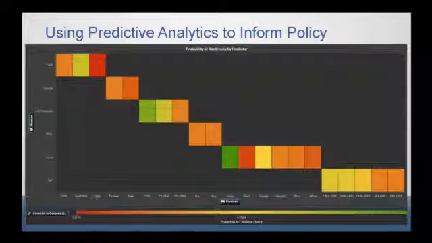So the nice thing about this particular visualization is you don't really have to know very much about the mathematics behind it. If you're trying to present this to administrators or other people who aren't necessarily statisticians, they can look and say, okay, green means those are characteristics associated with students likely to move on to their sophomore year, whereas red to orange are characteristics where students may be less likely to move on to sophomore year.